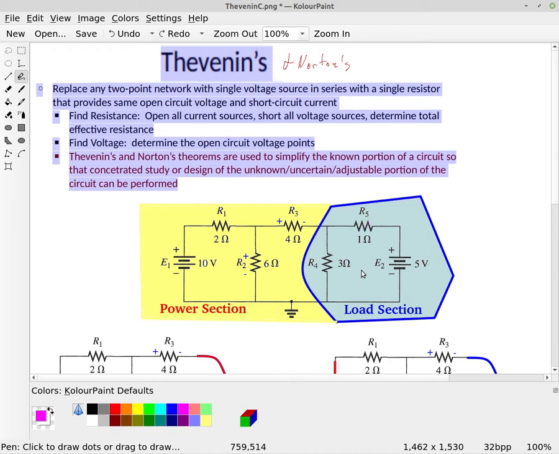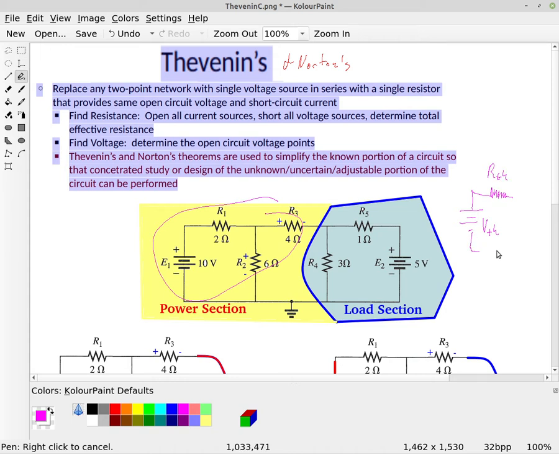And so with Thevenin's theorem, what we can do is take what might be a complex power section here and break it down to simply a single voltage source, which we like to call V Thevenin, in series with a single resistor called R Thevenin.